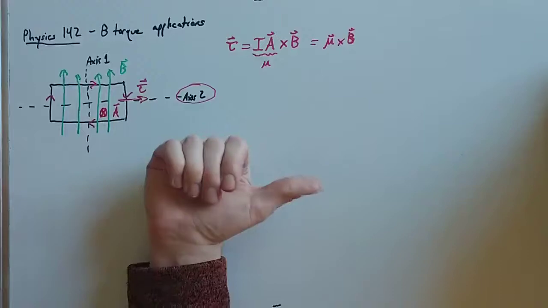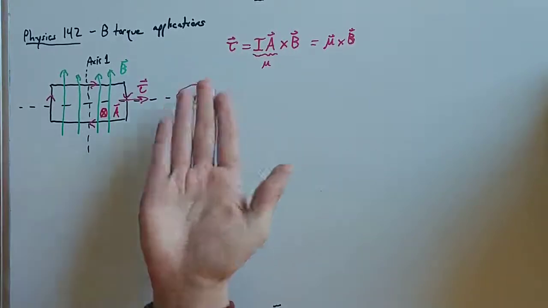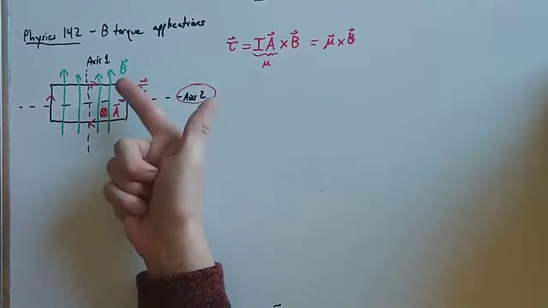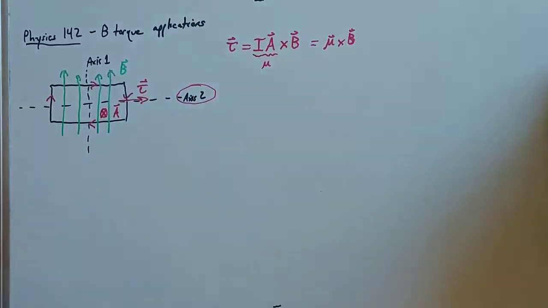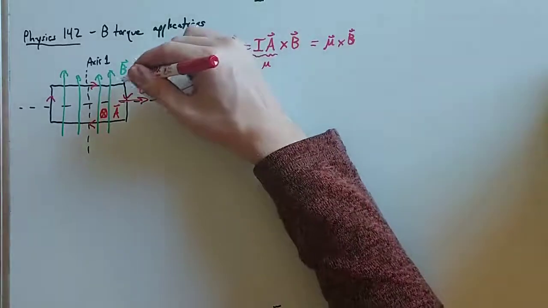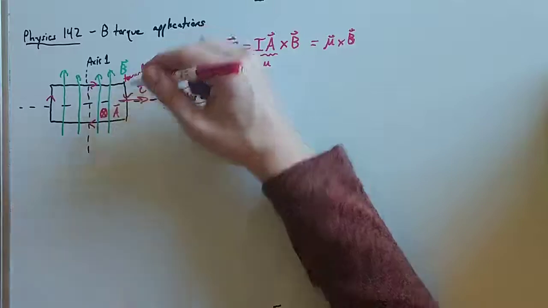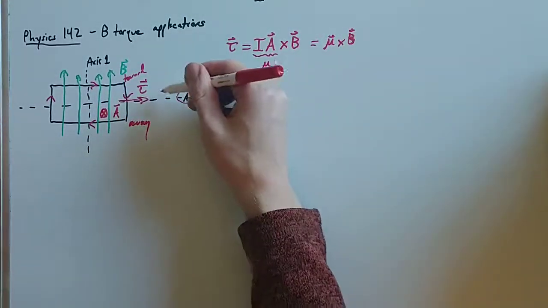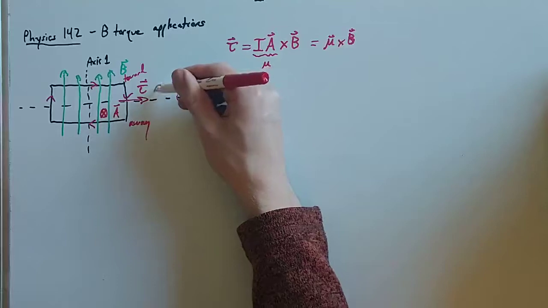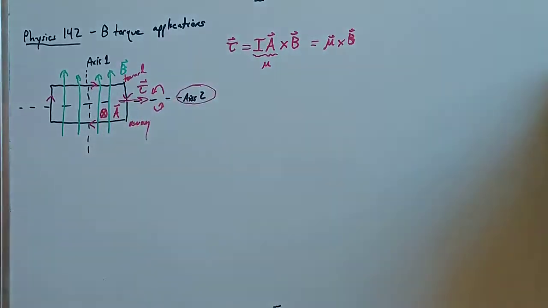I need to curl my fingers in the sense of rotation, and that suggests that the top will start coming toward us and the bottom will go away from us. So if I'm trying to sketch that sense, something like this, that's going to be the sense of the rotation here.